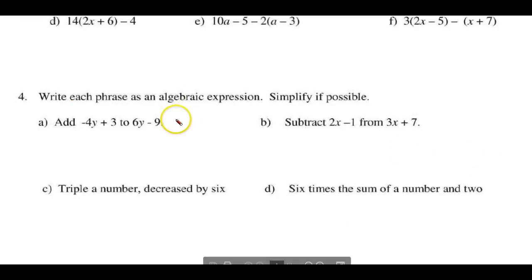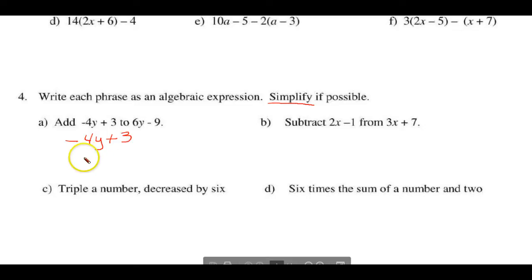In example 4, we need to be very, very careful as we write each phrase as an algebraic expression and then simplify. So we're going to add this to this. So adding, we don't have to worry about any signs. Negative 4y plus 3.